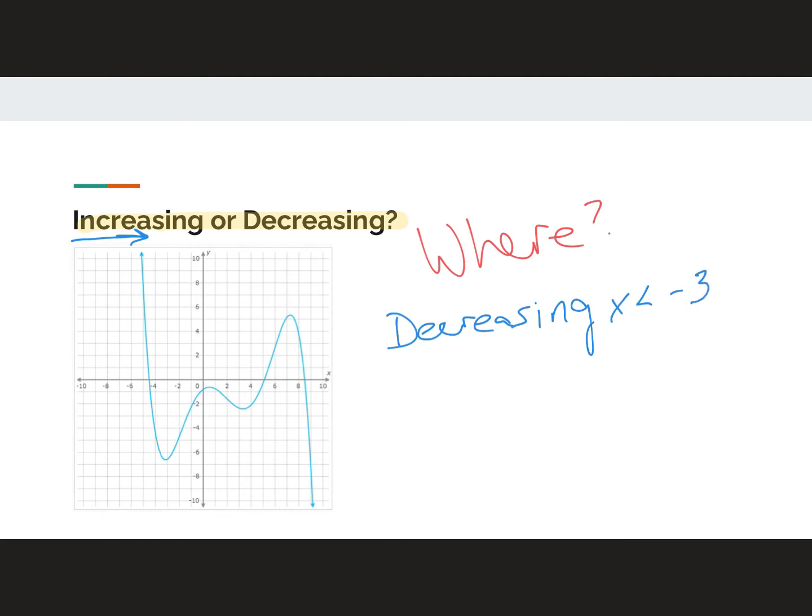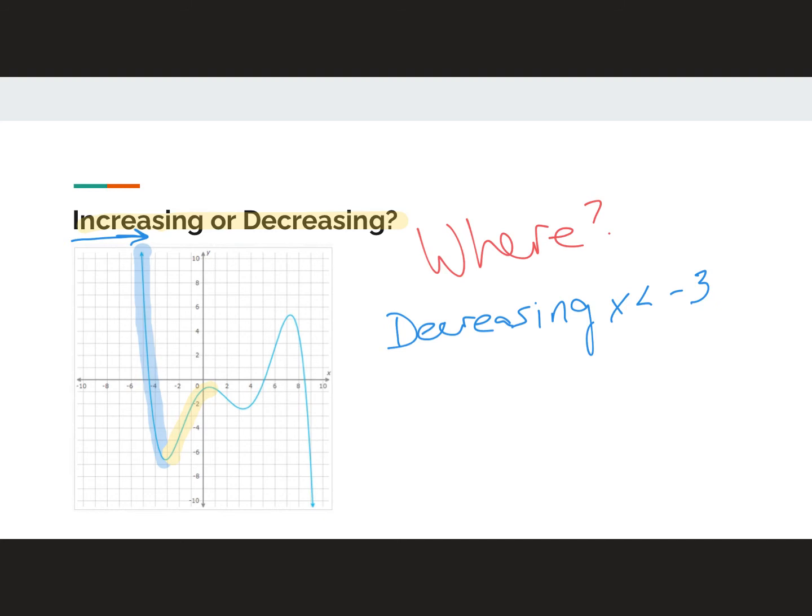So that is this part right here. All of this, it's decreasing. But then you'll notice right here, it starts increasing. And then it increases until about 0.5.